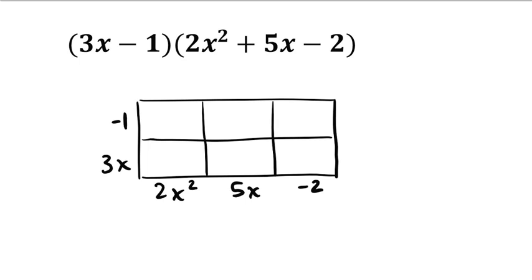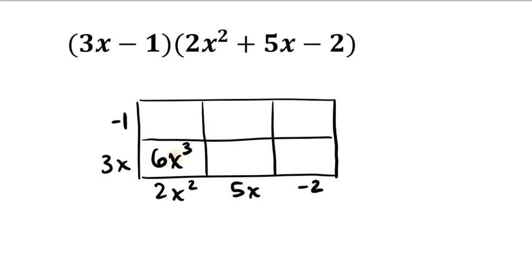So for this first piece here, I'll put an orange dot. When I multiply those, I'm multiplying 3x times 2x squared. Well, 3 times 2 is 6. x times x squared is x cubed, right? There's 3 factors of x. So this becomes 6x to the third power.